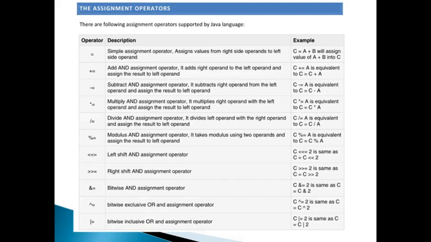This can also be performed with the multiply, divide and modulus operators, and it is also true for the left shift and right shift operators, and the bitwise AND and bitwise inclusive OR operators.